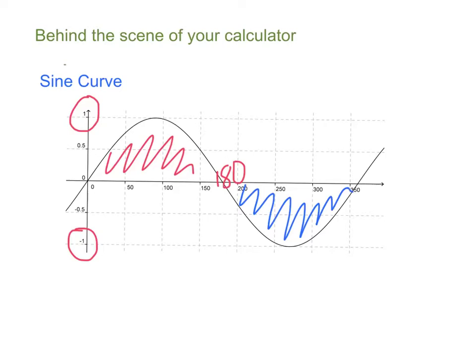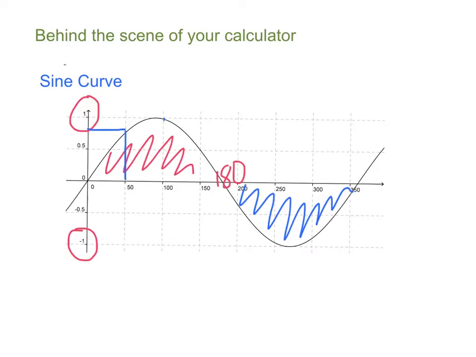So for example, if you want to estimate the sine value of 50 degrees, we go to 50, we go up, we go across. I'm going to guess it's about 0.75. So you can go ahead and check that on the calculator, sine 50 equals, and see if I'm close. Let's see if we can do the sine of 100. The sine of 100 is just less than 1, so I'm going to be optimistic and say about 0.98.